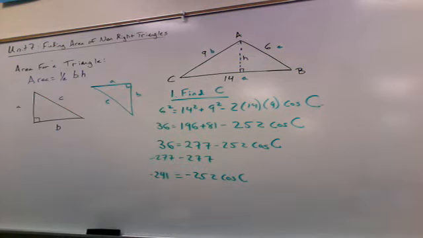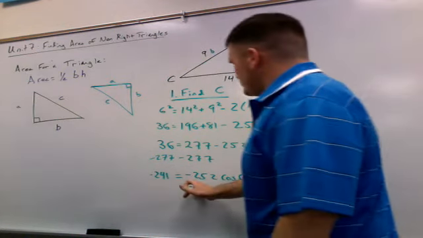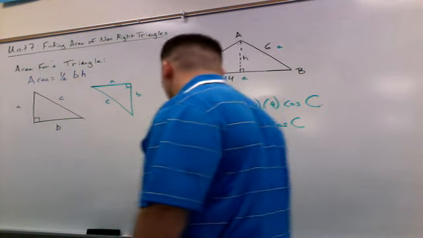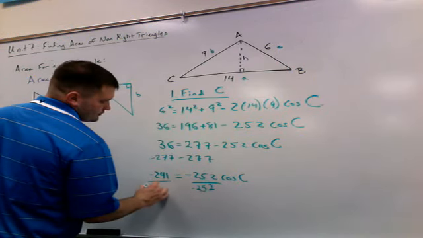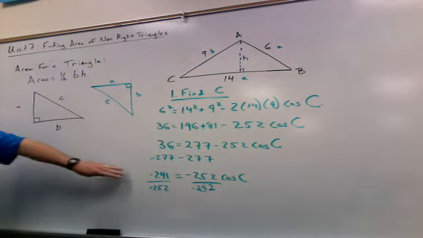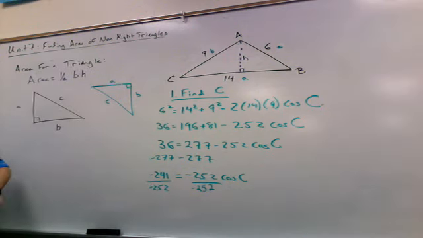Now do I add 252 to both sides? We divide because it's being multiplied right now, right? So we divide by negative 252. So we took negative 241 there and divided by negative 252.